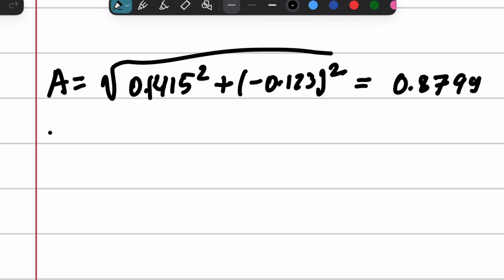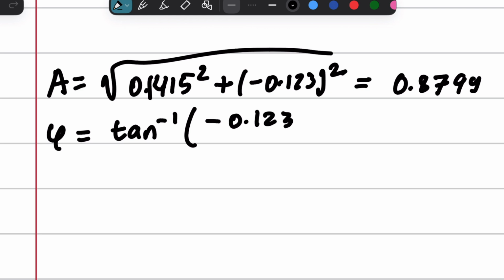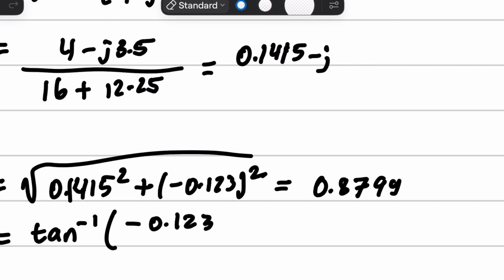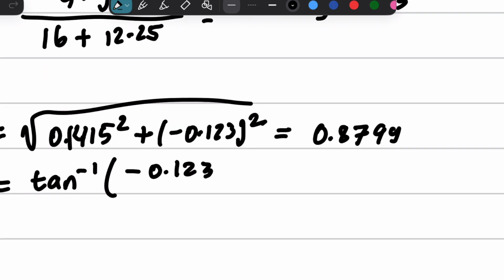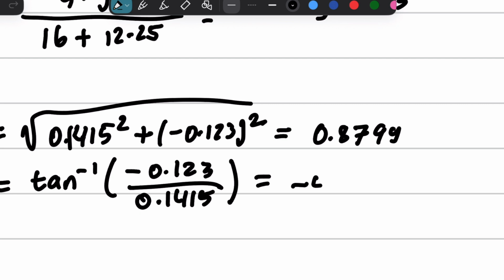0.8799. And for our theta or phi, whichever one you choose, we're going to get the inverse tangent of negative 0.123. Oops, I accidentally wrote the wrong number right here. That is actually supposed to be 0.123, divided by 0.1415, and we're going to get negative 41.1859.